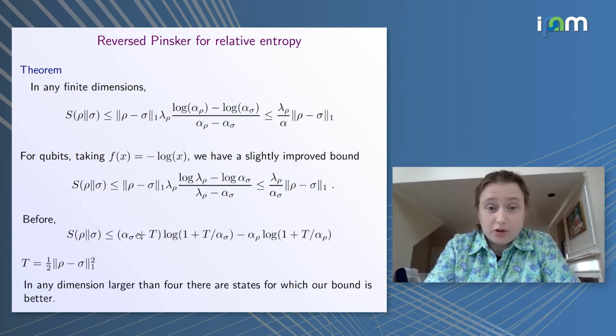Before, just a reminder, this is what we had. Of course, this upper bound is easier to compute. And it turns out that in any dimension larger than 4, there are states for which the bound that I obtained here is better than the previous one.